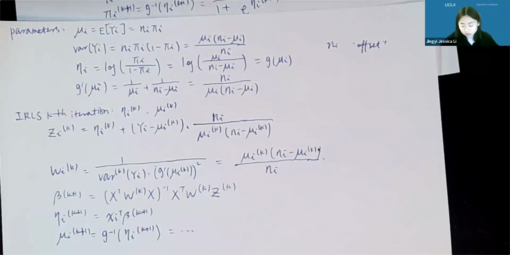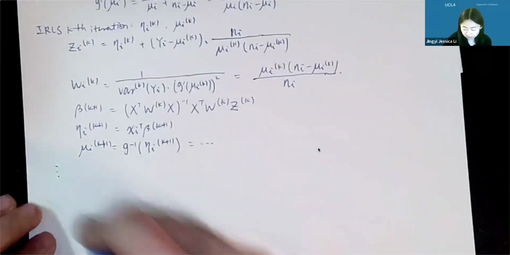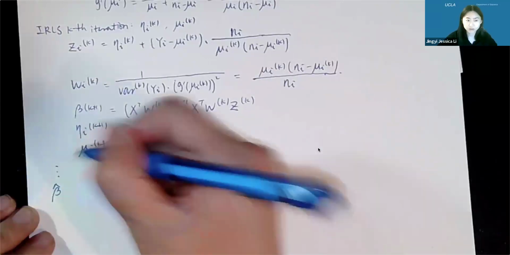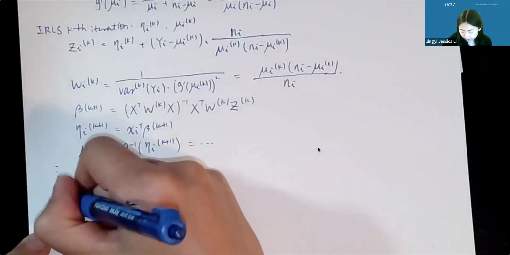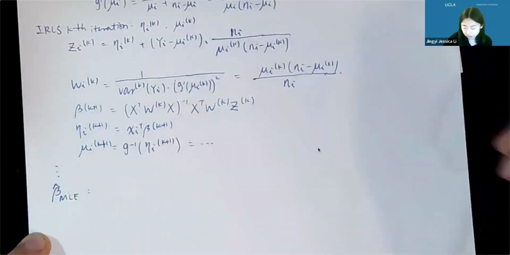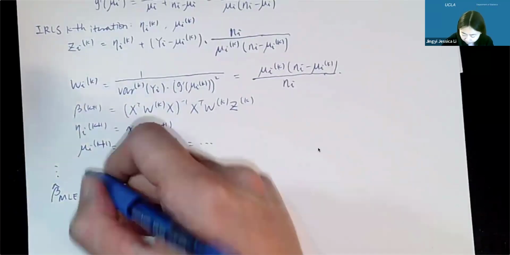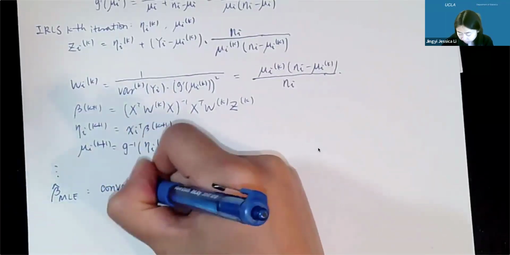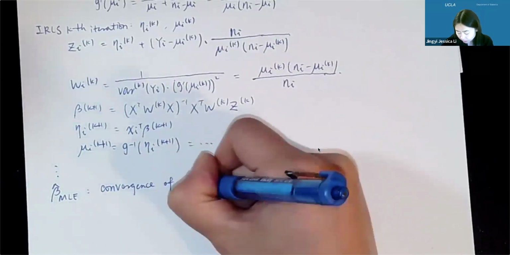Once we do this, ultimately we get beta hat, the MLE solution, once the IRLS algorithm converges.